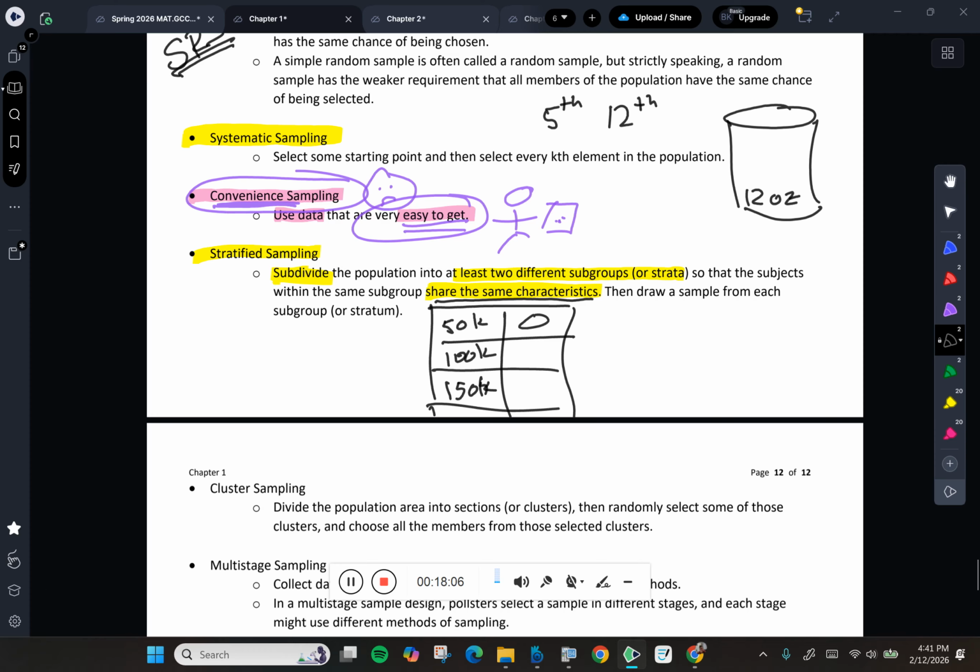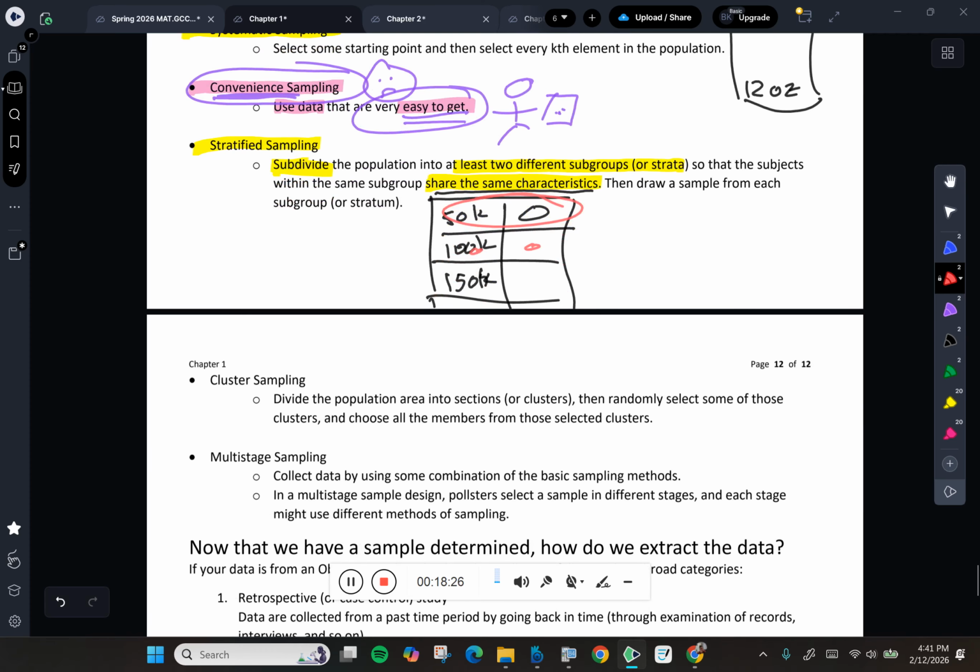Then I'll pick some from this group, and some from this group, and some from this group, and some from this group. Right? Stratified sampling just says subdivide the population into groups that have the same characteristic.